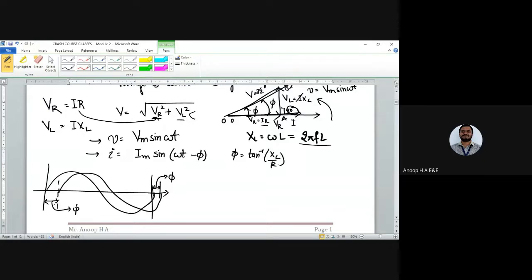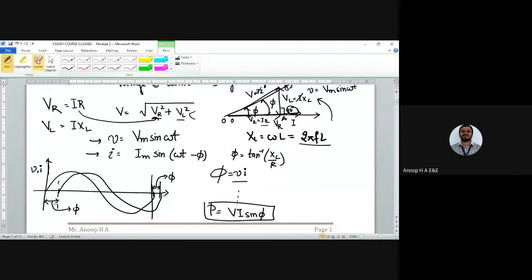This is how I can represent the voltage and the current. The current equation is Im sine omega t minus phi, and V is equal to Vm sine omega t, which is taken as the reference. You can find the instantaneous power as P equal to V into I, and the average power P equal to V into I cos phi.